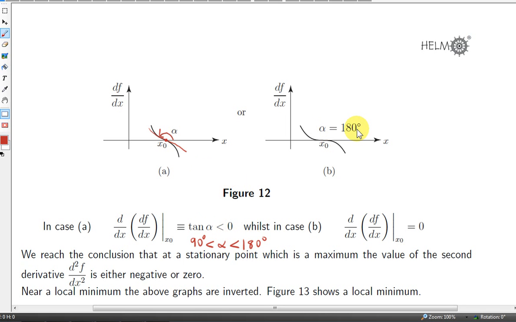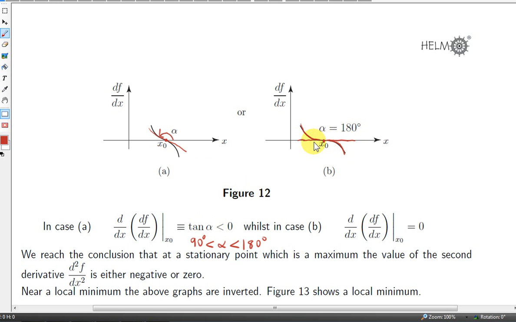Now it's possible for alpha to be 180 degrees, just as long as df dx is positive for values of x less than x0, which it is, the curve is above the x-axis, and negative for values of x greater than x0. Well, not too far, just in the neighbourhood of x0, of course. So that can happen when alpha is 180 degrees, when the tangent to the curve at x0 is horizontal.